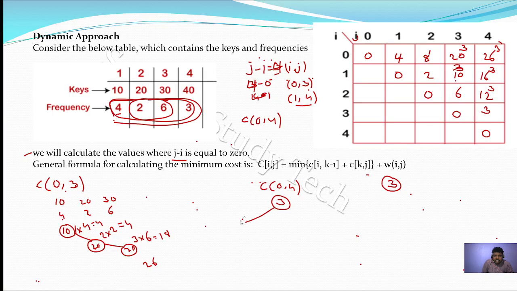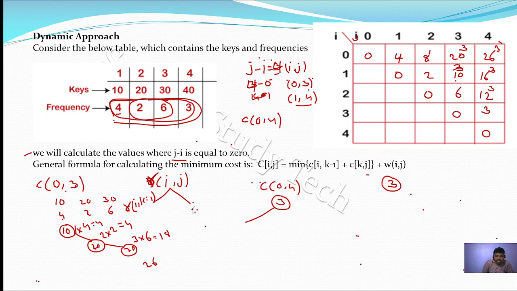So you can see here, this is the formula. Simple formula: C of ij is equal to the root node R of ij, here it is R of i comma k minus 1.